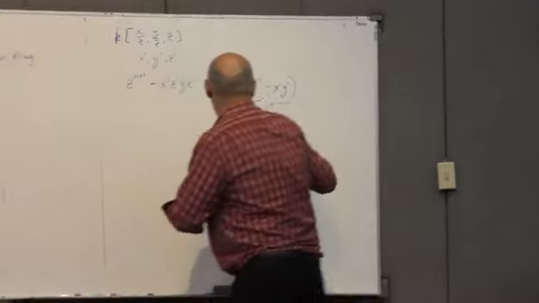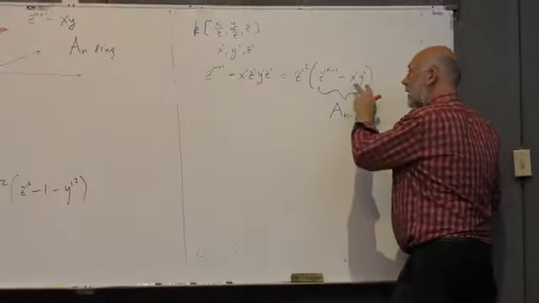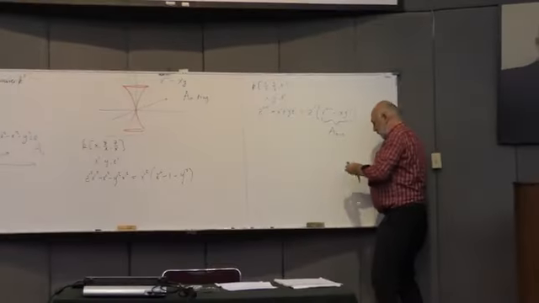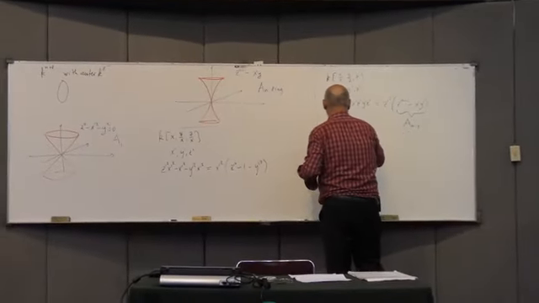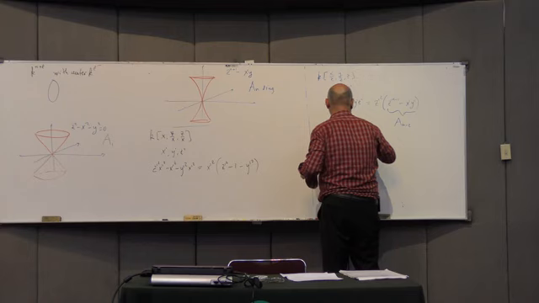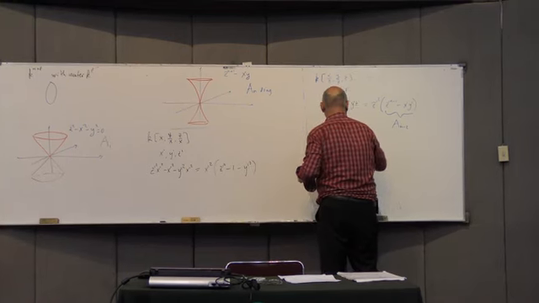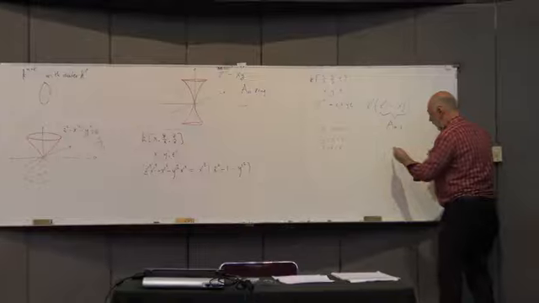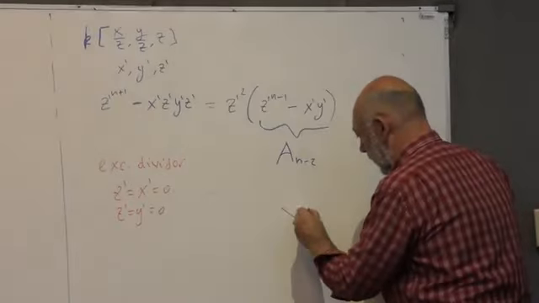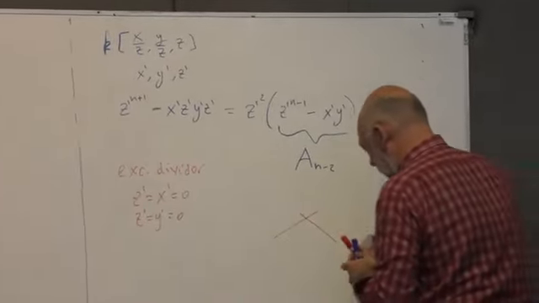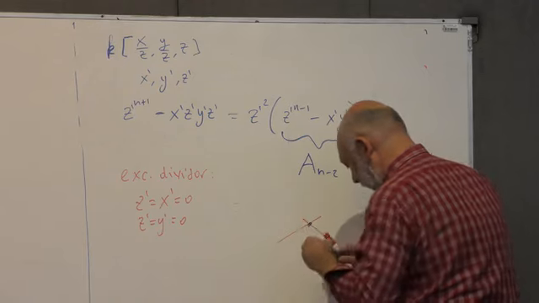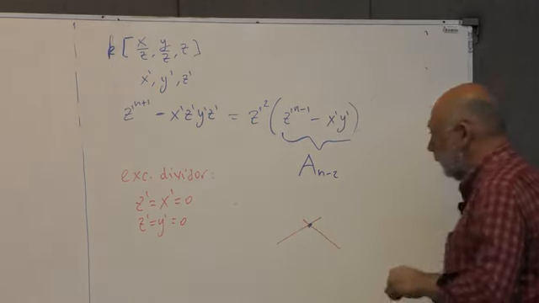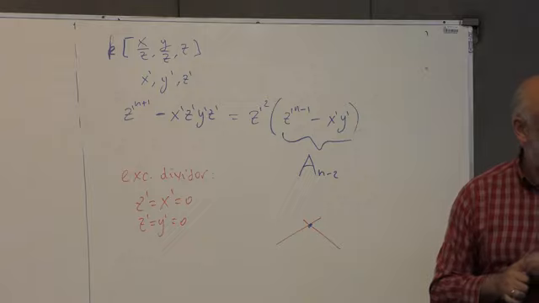So here the exceptional divisor consists of two lines: z prime equals x prime equals 0, and z prime equals y prime equals 0. So the exceptional divisor on the blown up surface looks like this, and the singularity is right in the middle. It's on the intersection of the two lines. So we iterate the procedure.